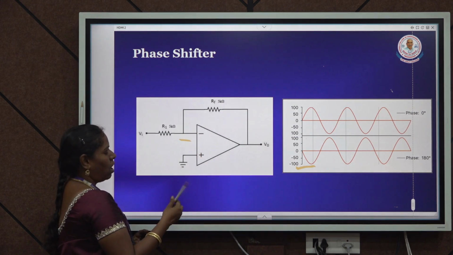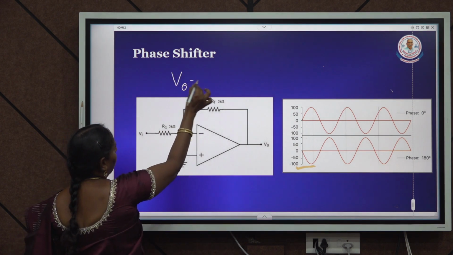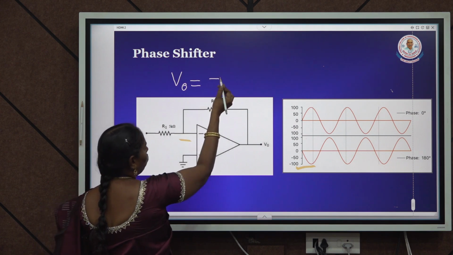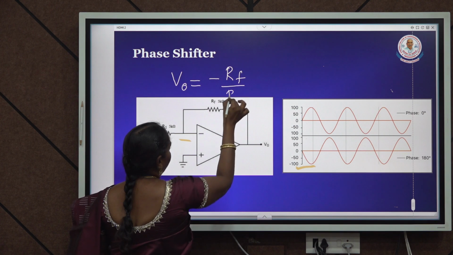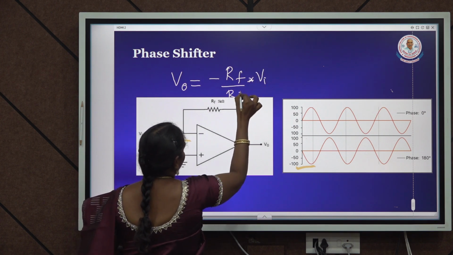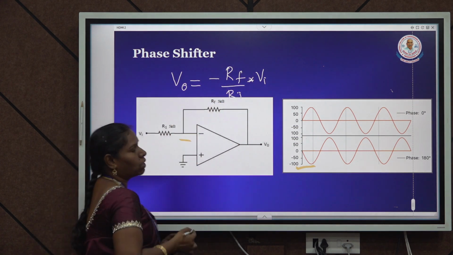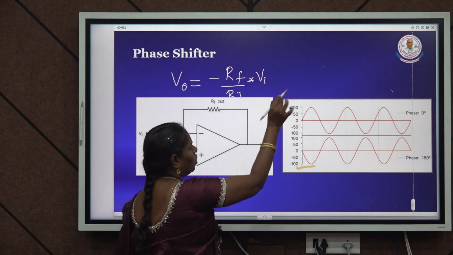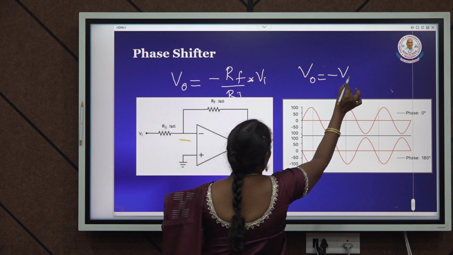Since we know that the output voltage for the inverting amplifier V naught is equal to minus RF by RI into the given input voltage. So, our constraint for a phase shifter is that the output V naught should be equal to minus Vi.